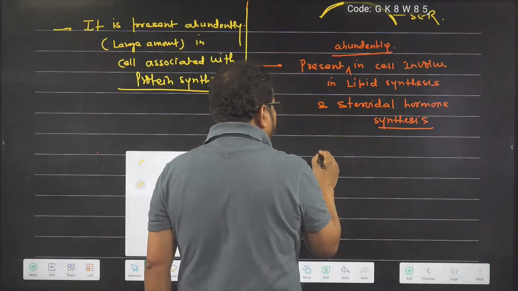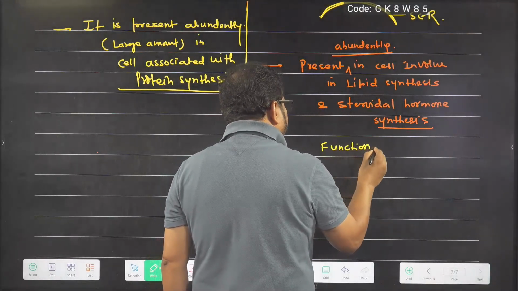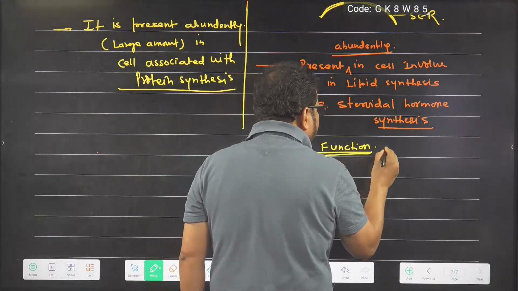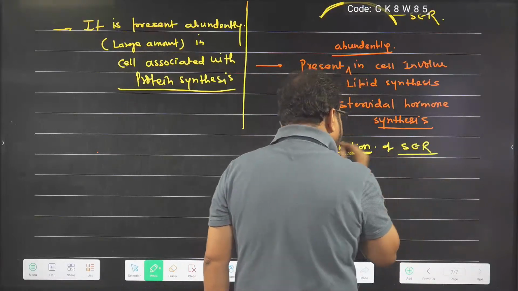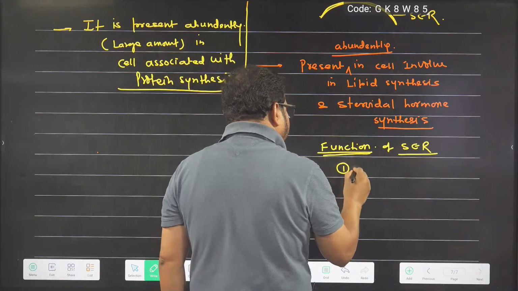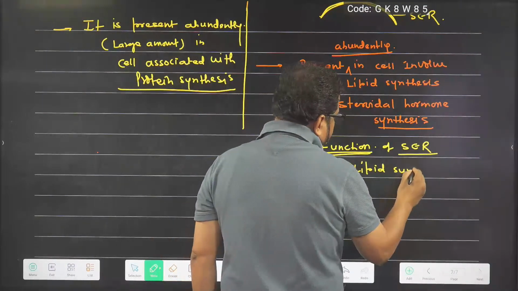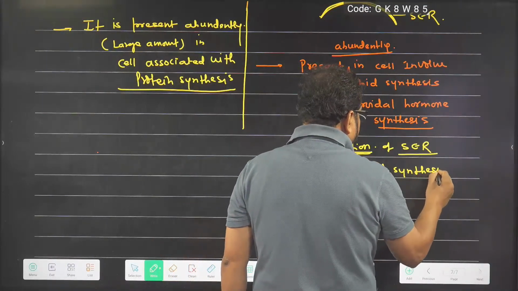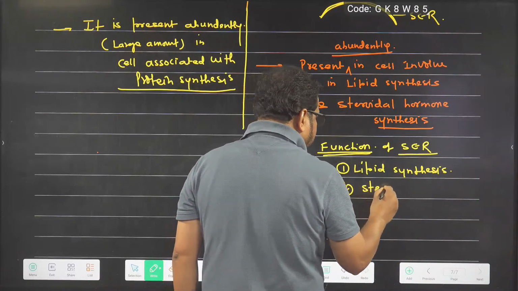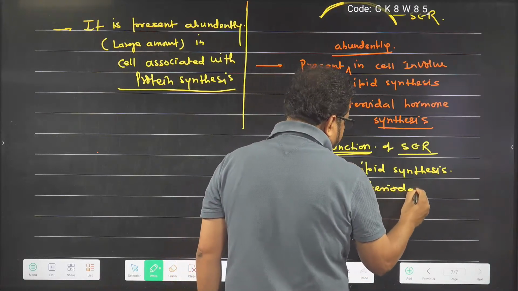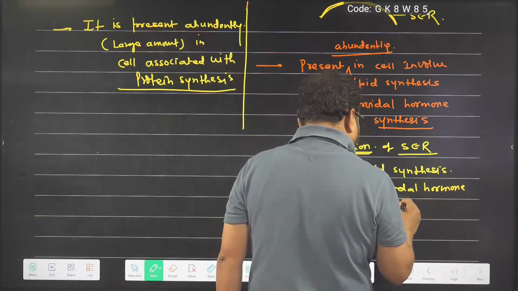If you talk about function, it is a very important line that is going to be asked in the exam: function of which one? SER. One function you can write is lipid synthesis. Another function is steroidal hormone synthesis.